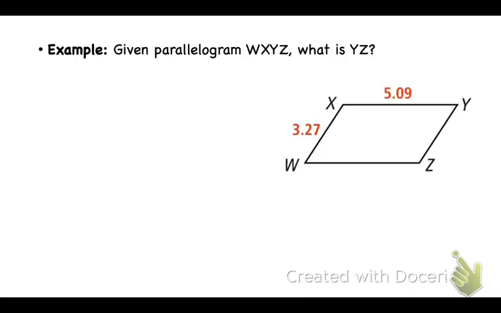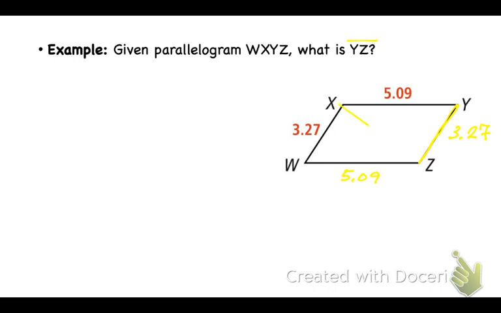Okay, given the parallelogram XYZ, what's missing there? A line, right? What is YZ? 3.27. And then if I wanted XY, it would be what? 5.09.